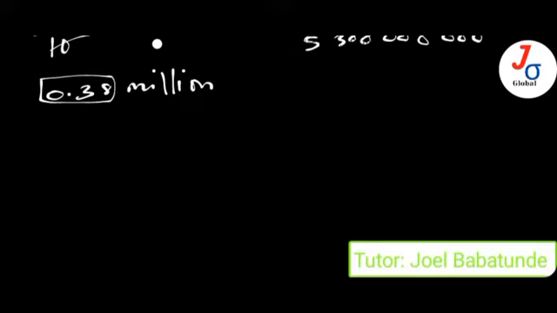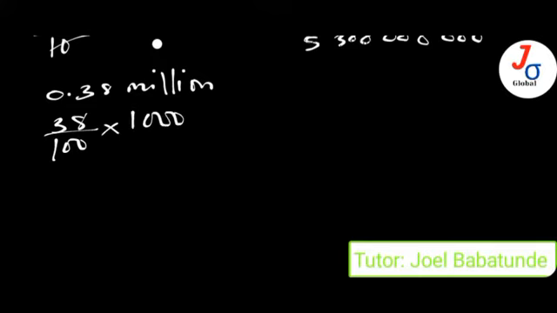That's going to be 38 divided by 100. Okay, good. Then multiplied by 1 million. If you have forgotten how to convert from decimals to fractions, you have to go back and learn how to write decimals as fractions and fractions back to decimals.